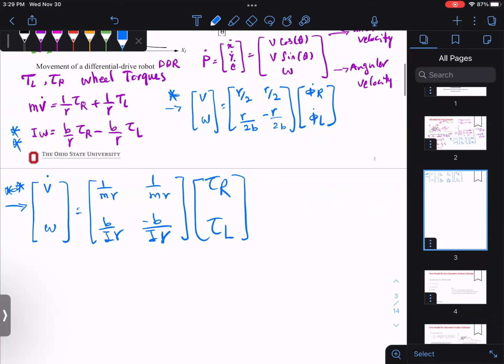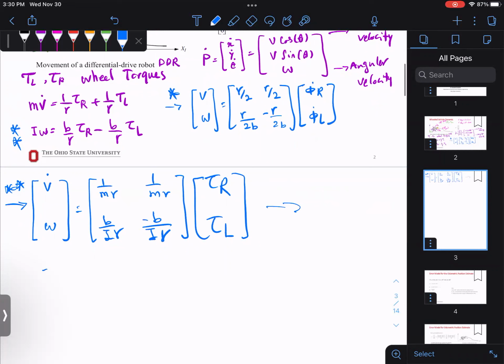All right, so if you remember from the second order differential equation, we usually have our general torques and forces on one side, everything else on the other side. So I'm going to use this. If I keep tau R and tau L on one side, what do I need to do? The inverse of this matrix pre-multiplied by the vector on the other side, correct?